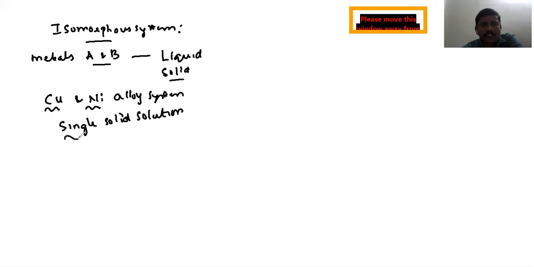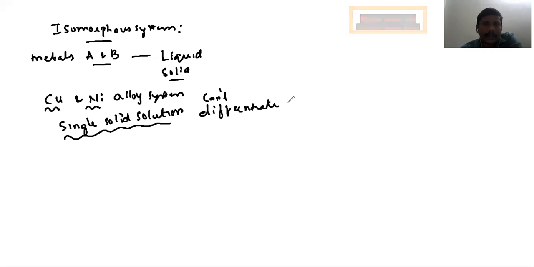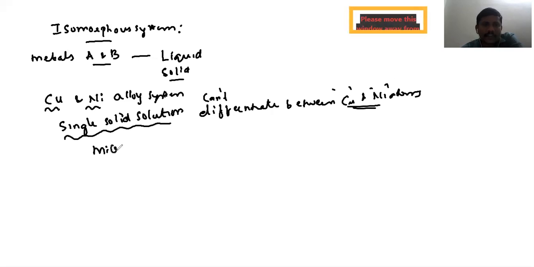After the formation of the solid solution, you can't differentiate between copper atoms and nickel atoms. If you look at the microstructure of an isomorphous system, it resembles the microstructure of a pure metal.